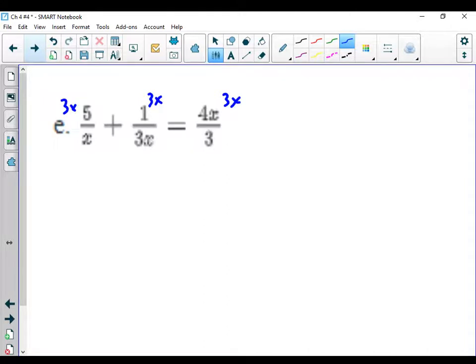All right, so if I do that, I can cancel the x's here, and I got 15. 3x over 3x is 1. 1 times 1 is 1. Over here, the 3's will simplify, and I'm left with 4x squared. So we got a lot simpler equation now.